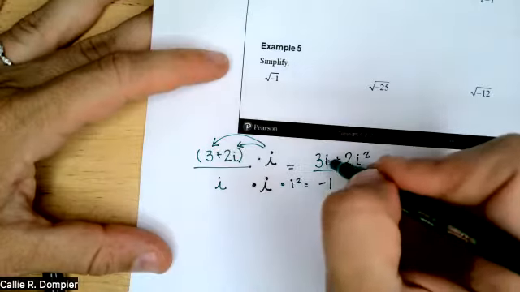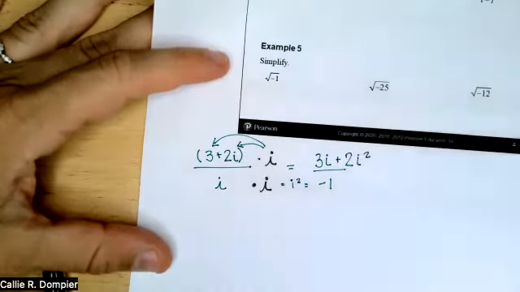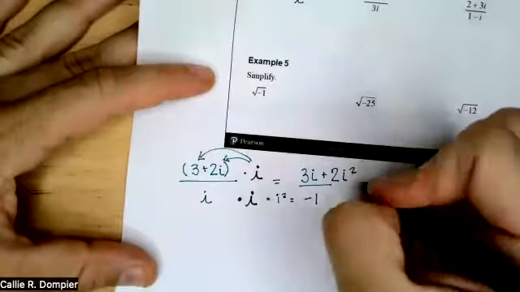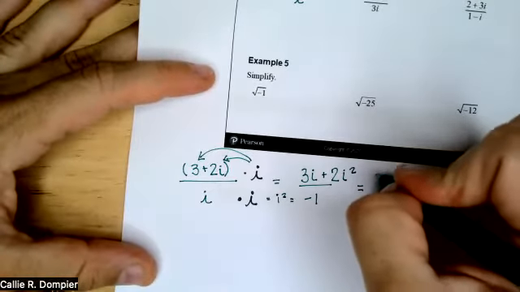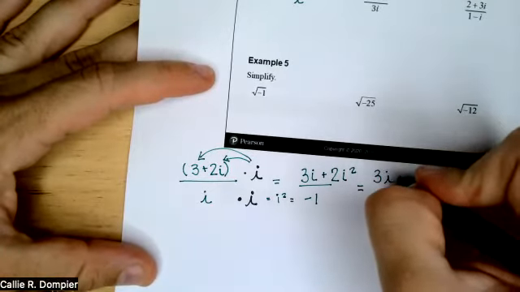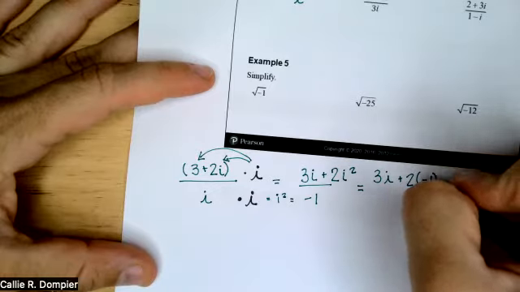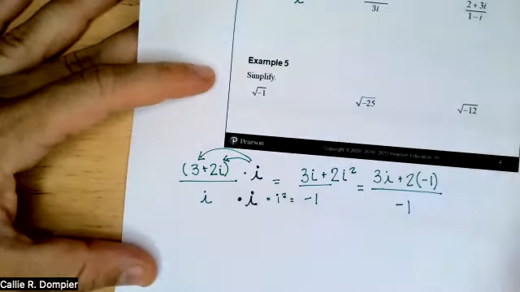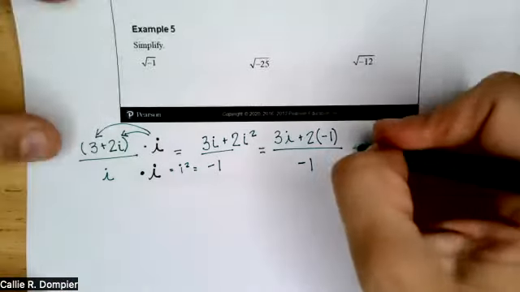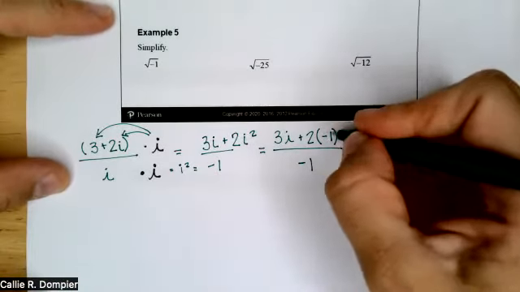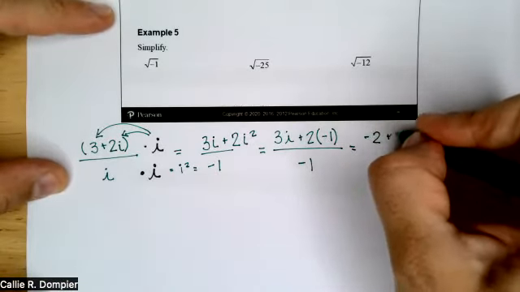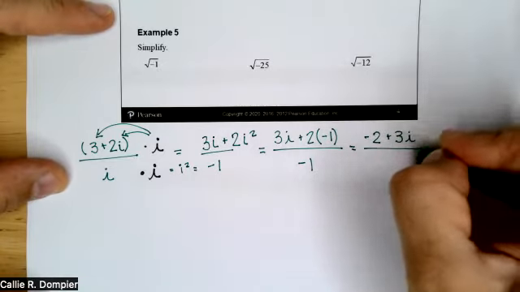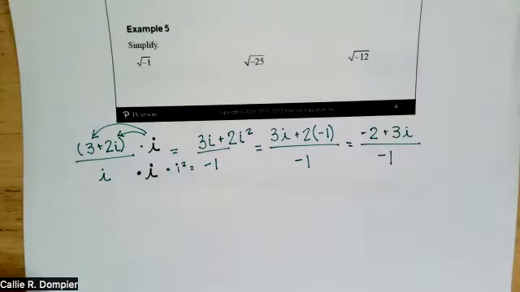Because 3 times i is 3i, and 2i times i is 2i squared. i squared becomes -1. So that's -2 plus 3i over -1.